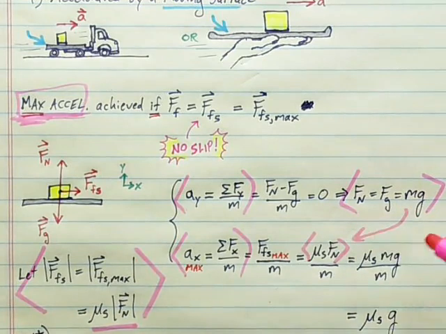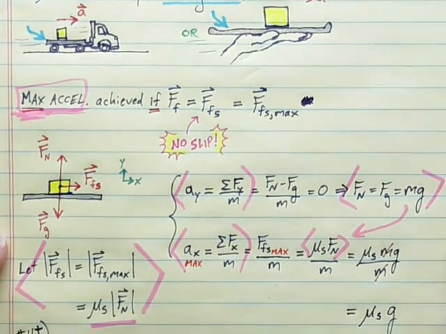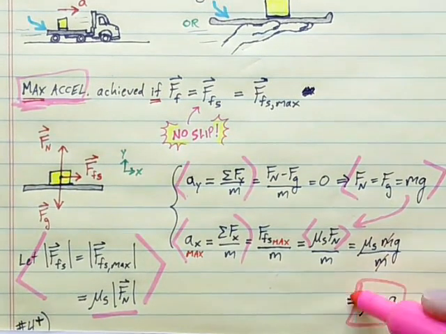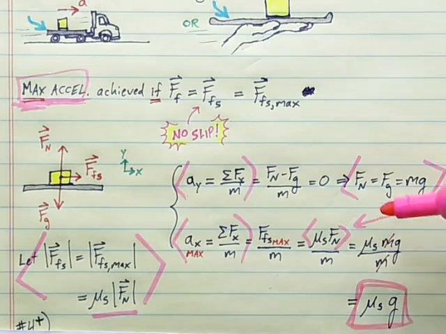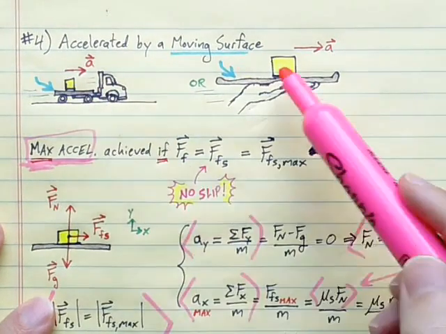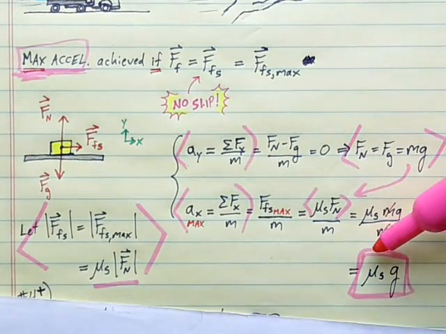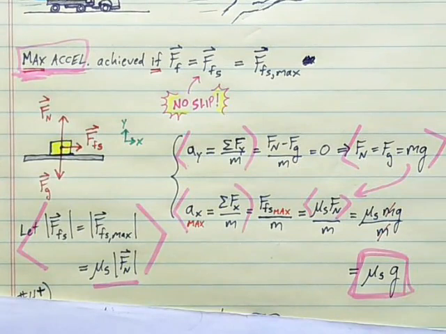The mg can get plugged in to get to the next step where mass and mass cancel once more, leaving us with this handy expression for the maximum acceleration that you can achieve with static friction. It doesn't depend on the mass of your object here, that cancels out. All it depends on is what the mass is made of and what the surface is made of. The combination of surfaces determines some specific value of the coefficient of static friction here.